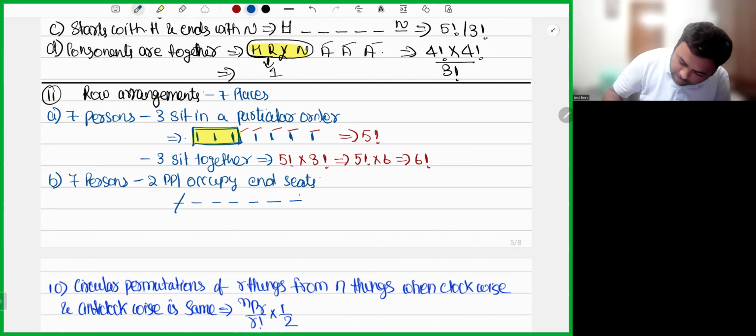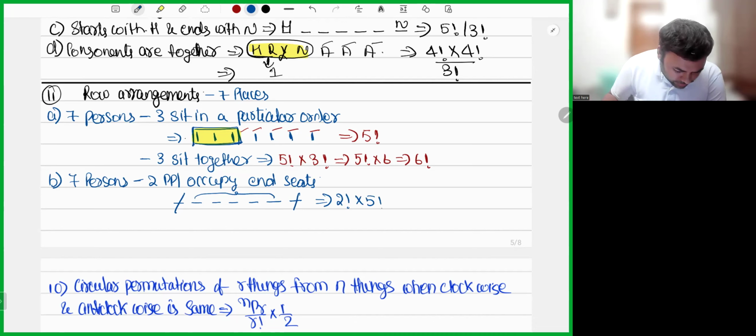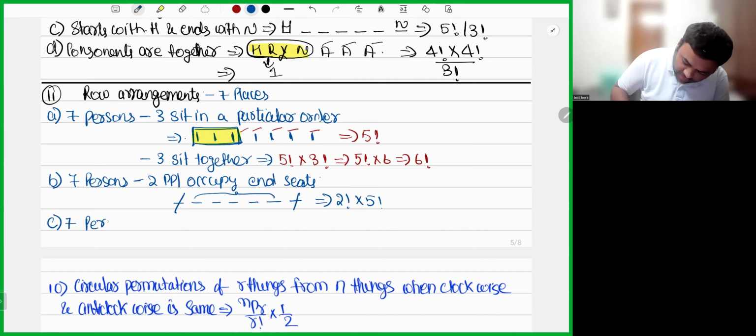How will you keep 2 people in 2 places? 2 factorial. 5 people can be arranged in 5 places in 5 factorial ways. Next. Point number C, 7 persons. 1 person sit in middle.